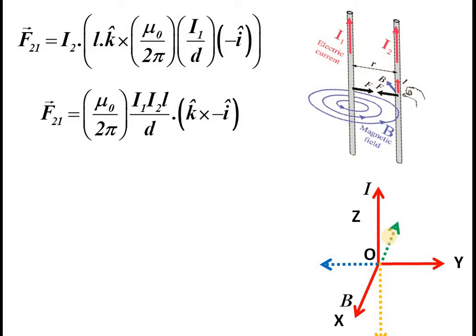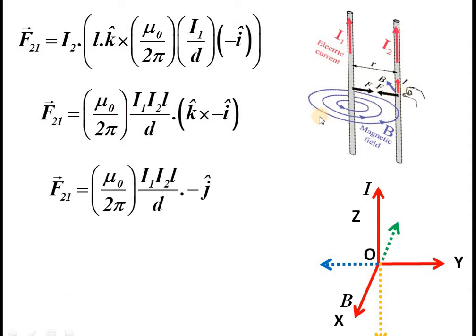The fundamentals of vector cross product show that it will be in the minus j cap direction. Understand? It is clearly shown in the figure also. So k cap cross minus i cap is equal to minus j cap.